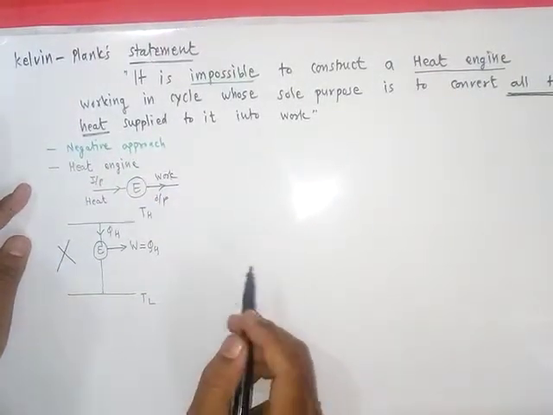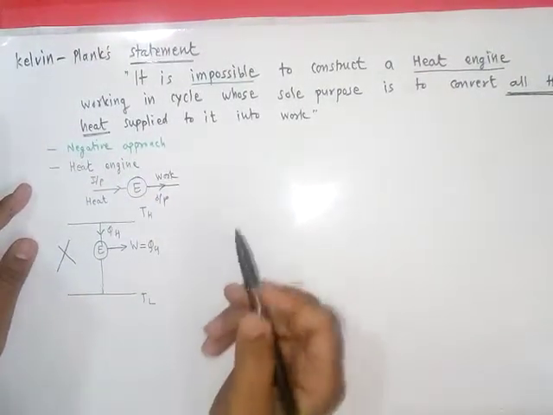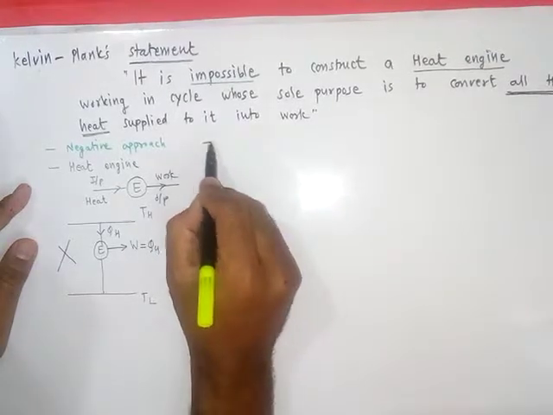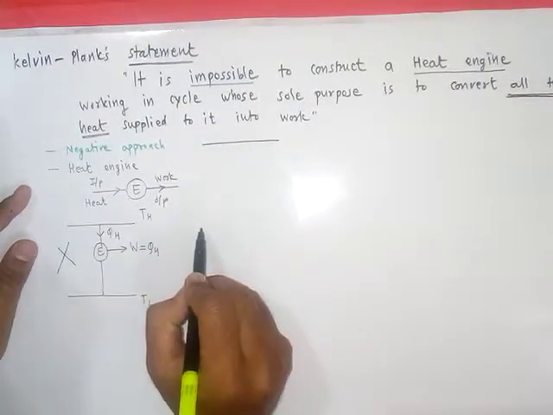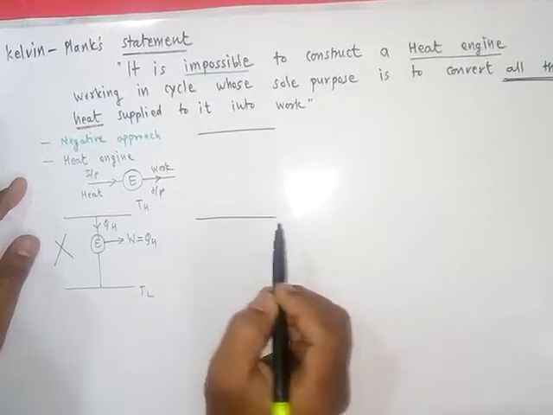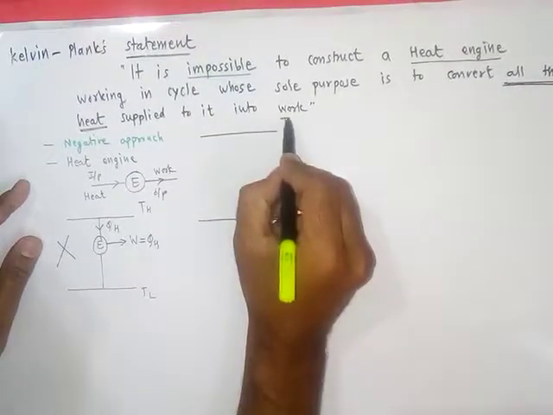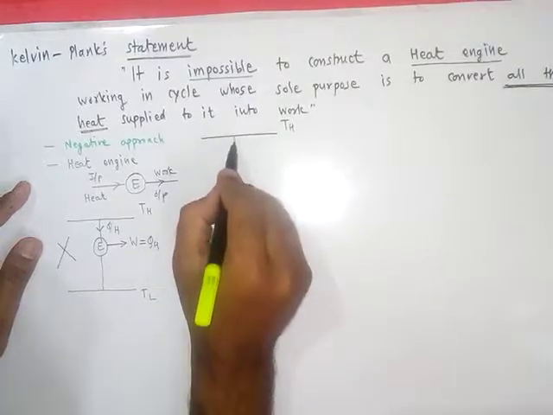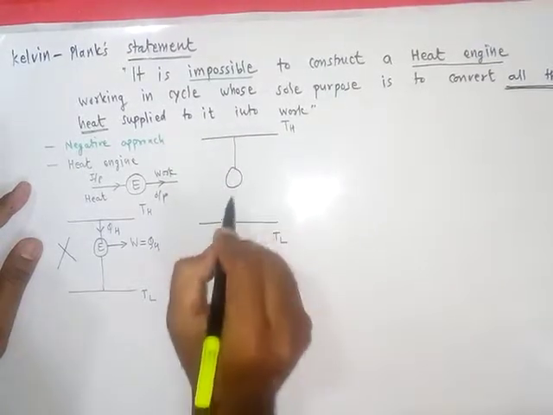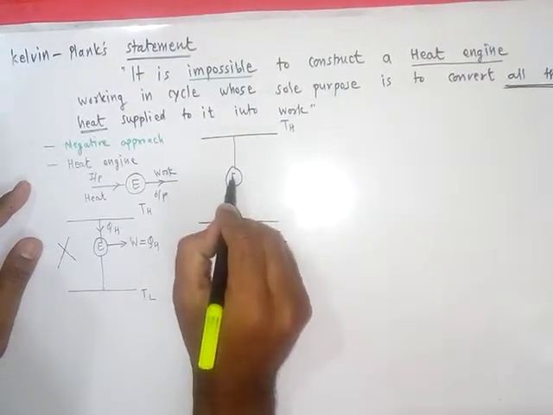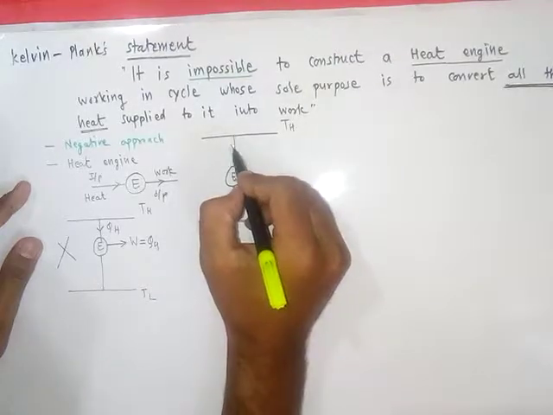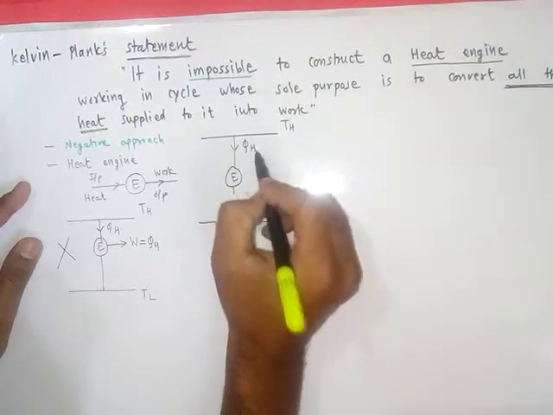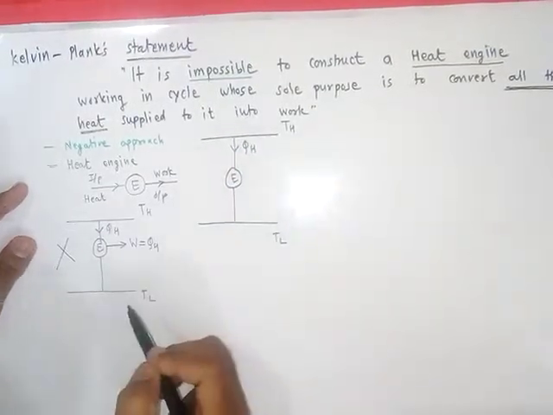Then what is the possibility? Let's again draw a heat engine between two thermal reservoirs TH and TL. Let's take E as a heat engine, and QH is the heat supplied to it.